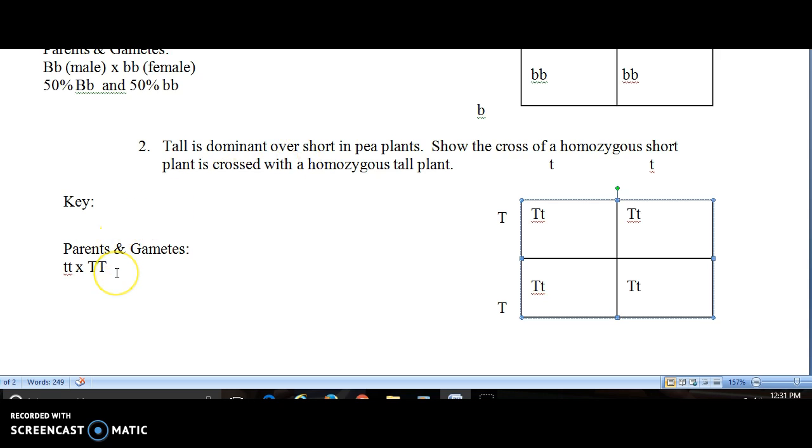So we will be able to figure out our results with each box of our Punnett square equaling a 25% chance of getting a certain trait.